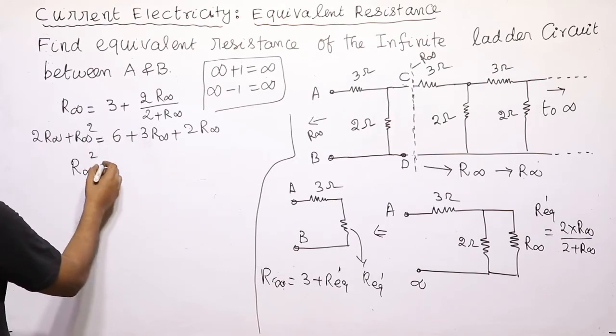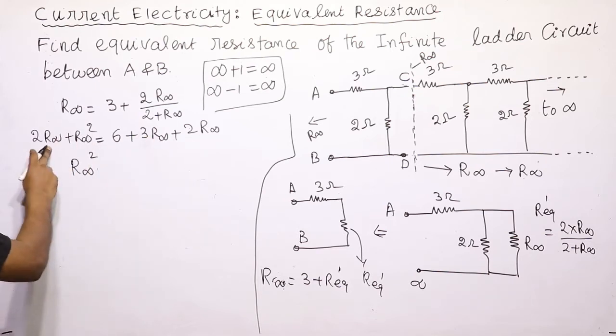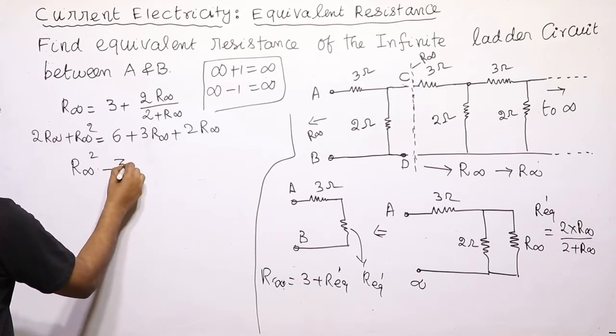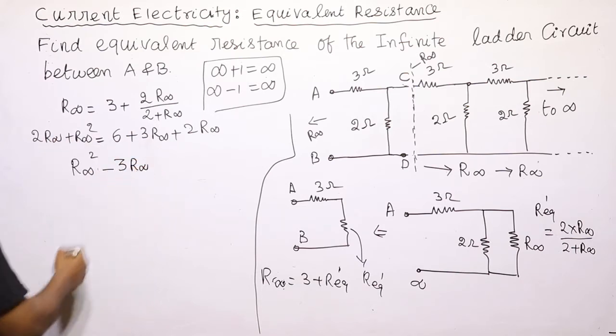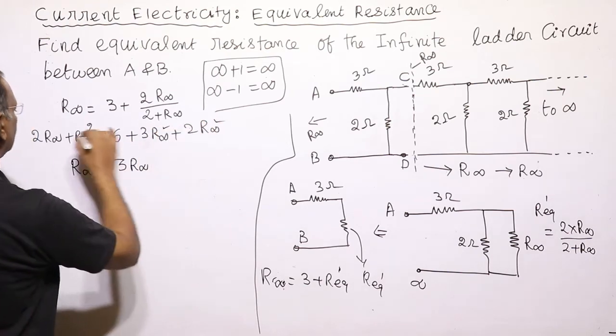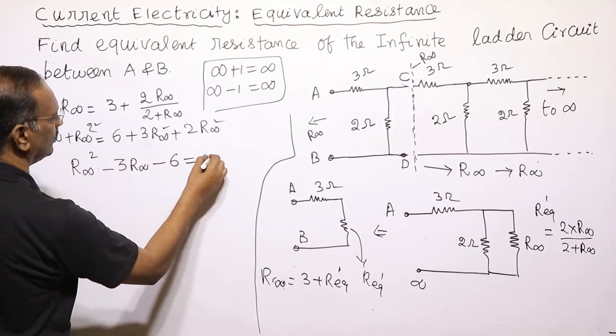So R infinity square, when it comes to this side, 5 minus 2 gives... this becomes minus 3 R infinity. The rest cancel, and left out is minus 6 equal to 0. So R infinity square minus 3 R infinity minus 6 equals 0.